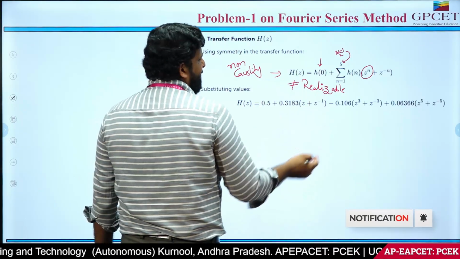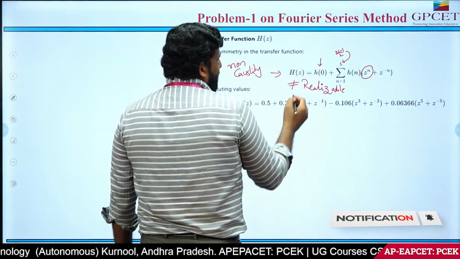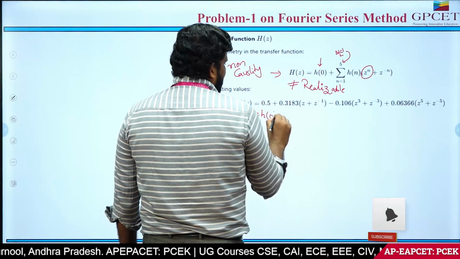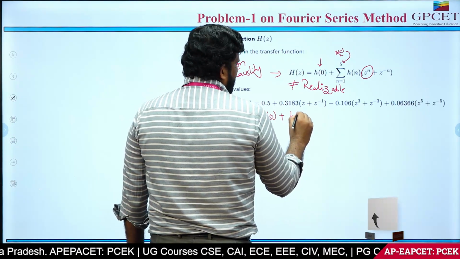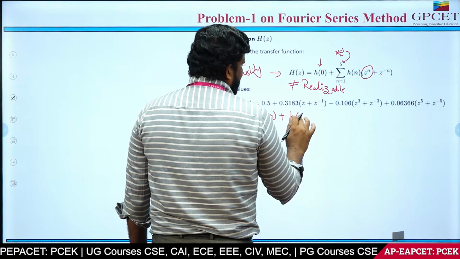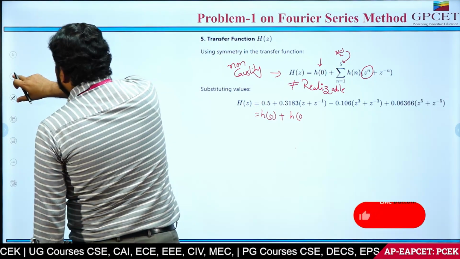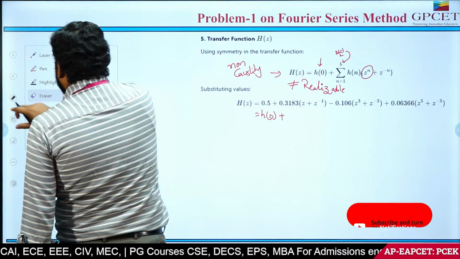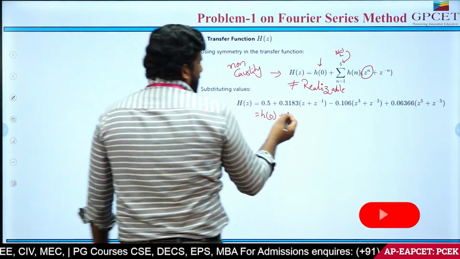So I have expanded this equation. After expanding this equation, I will write here. h(0), we know that already it is there, plus, we started with 1, already h(0) is finished.